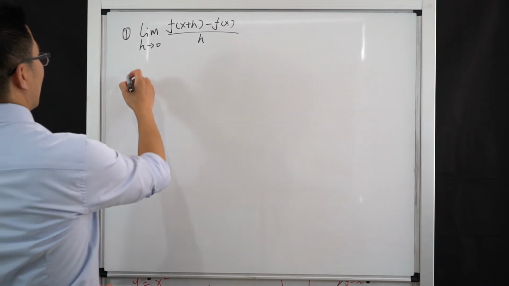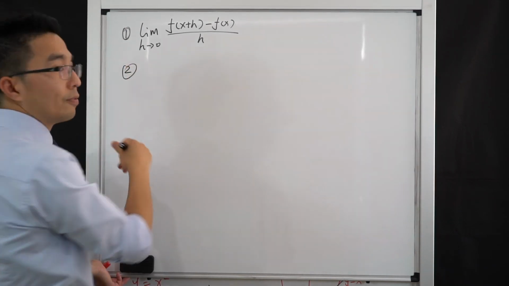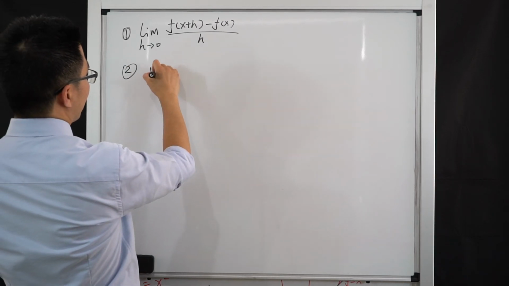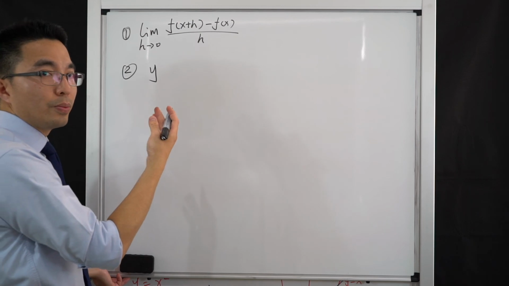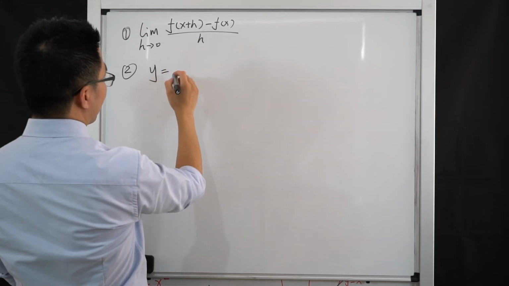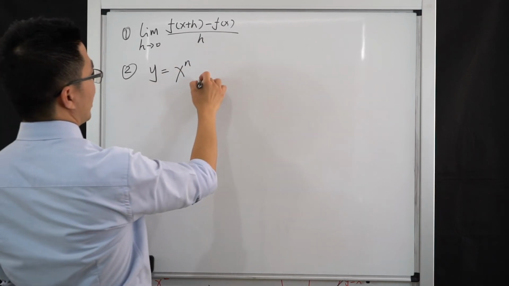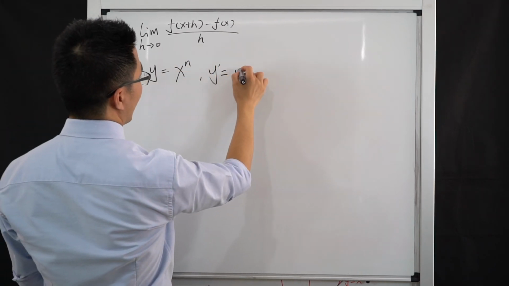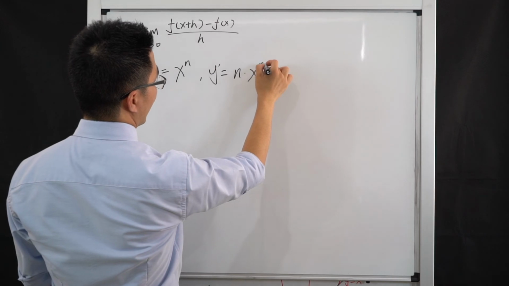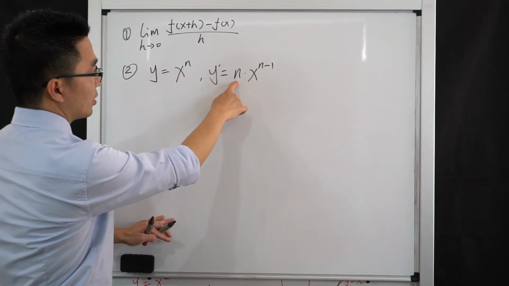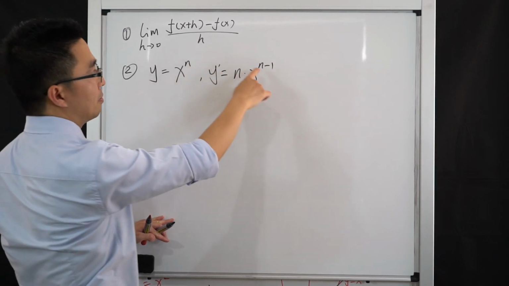Okay. Second point, from our 3 sample questions, we have found the formula for the derivative of a function in the form of y equal to x to the power of n. Then y dash will become n times x to the power of n minus 1. Okay, so bring the power to the front, and then power minus 1.